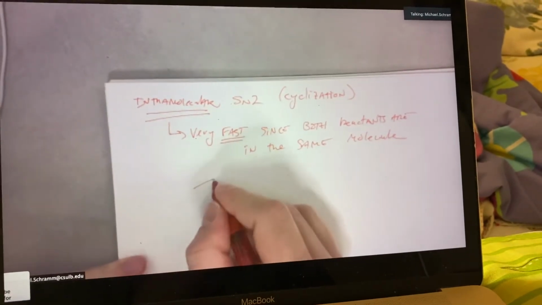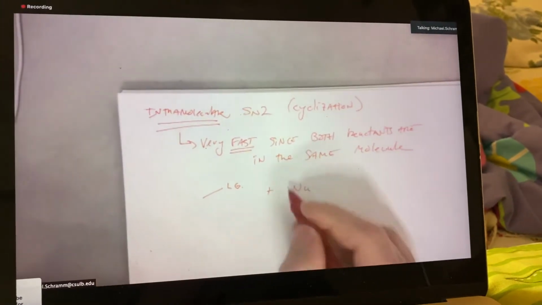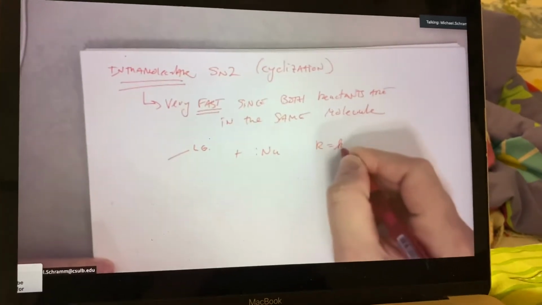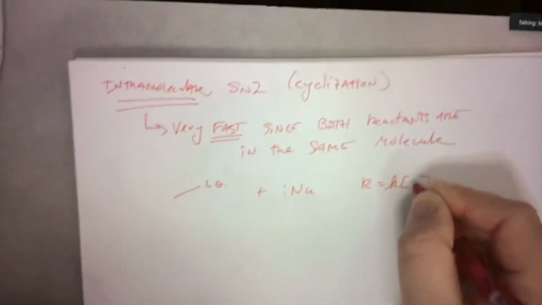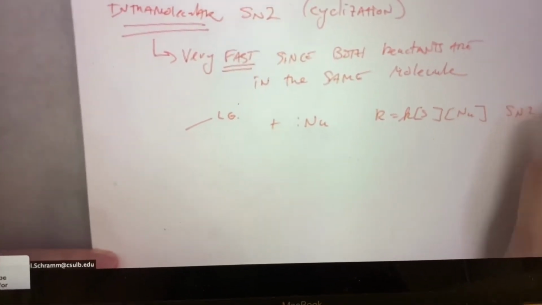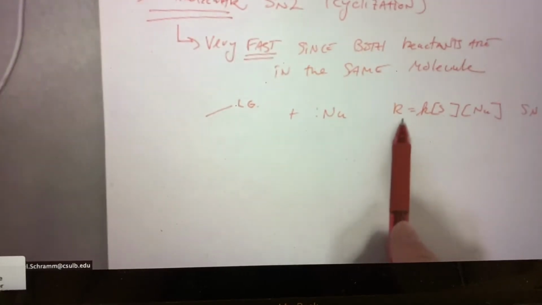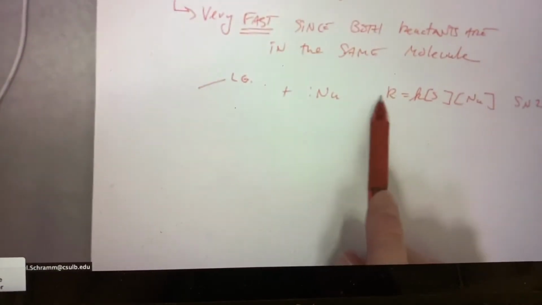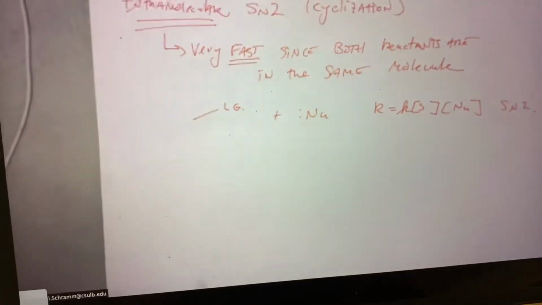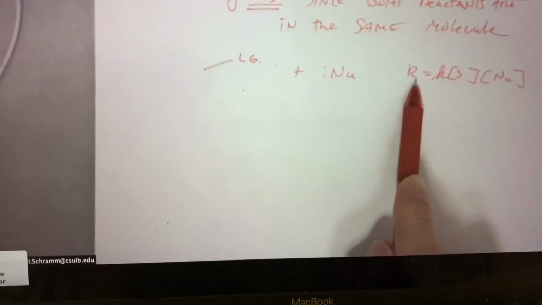For example, if we had a leaving group and a nucleophile in separate molecules, the rate of this type of reaction is a function of the concentration of the substrate and the concentration of the nucleophile for SN2 reactions. And this means that the higher the concentration is, the faster this reaction goes, because the reaction speed is dependent on these two things finding each other. And if they're at high concentration, then they find each other much faster and the rate goes up.